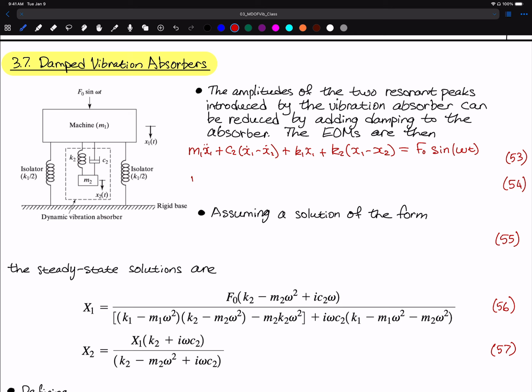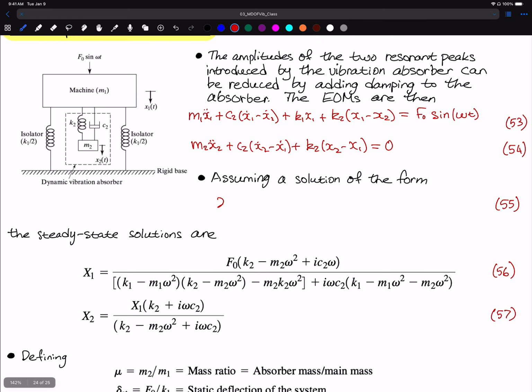And then our second equation of motion is m2 x2 double dot plus c2 times (x2 dot minus x1 dot) plus k2 times (x2 minus x1) equal to 0. From here, we're going to complexify and assume a solution of xi of t equal to big Xi e to the j omega t, for i equals 1, 2.